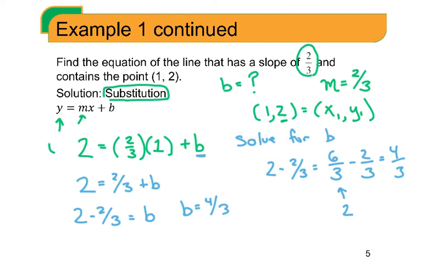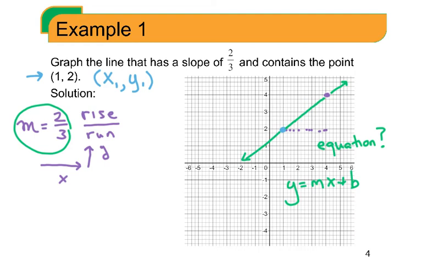And finally, I can write my equation. y equals 2/3 x plus 4/3. Let's see if that looks anything like what we got here. Well, b equals 4/3. Isn't that 1 and 1/3? And if you look, there's my y-intercept, and it looks pretty close, really. It's about 1/3 of the way between 1 and 2. So this worked out pretty well.